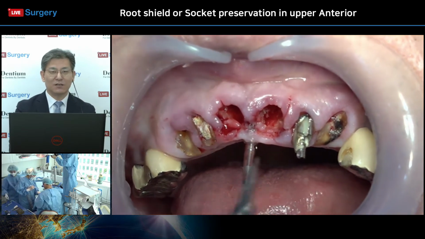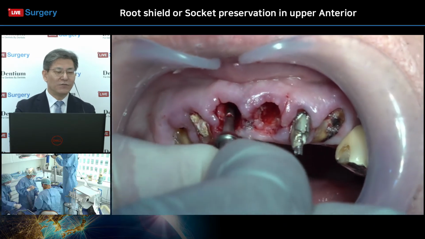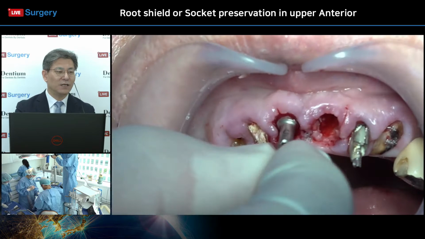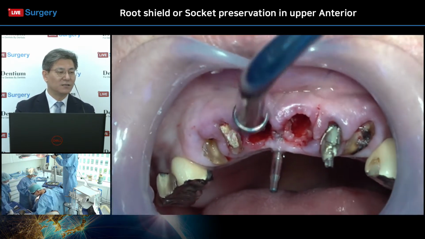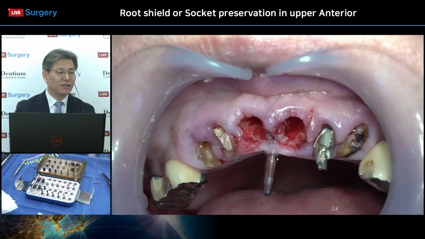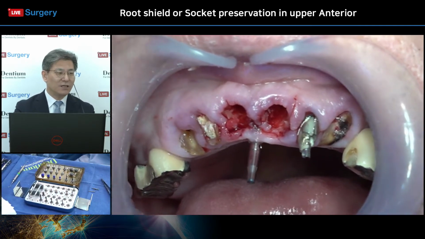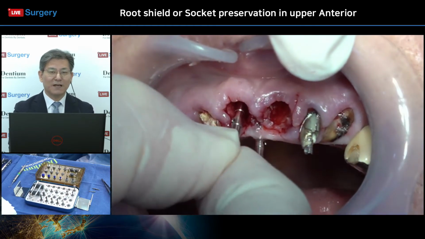It is the ordinary and general method when we have anterior socket drilling. So, checking the path. During the drill and implantation, the direction and the depth of the implant fixtures are very important factors.